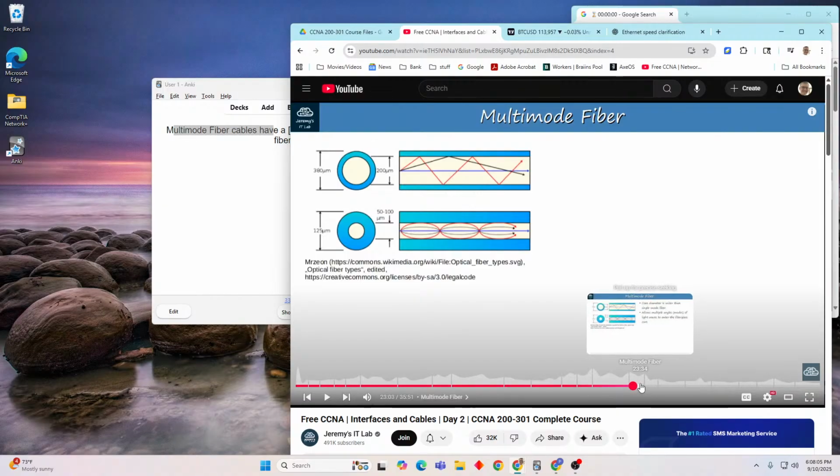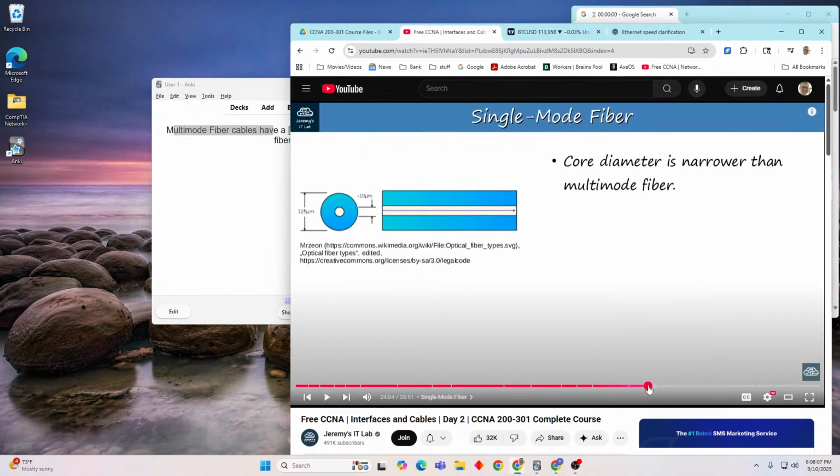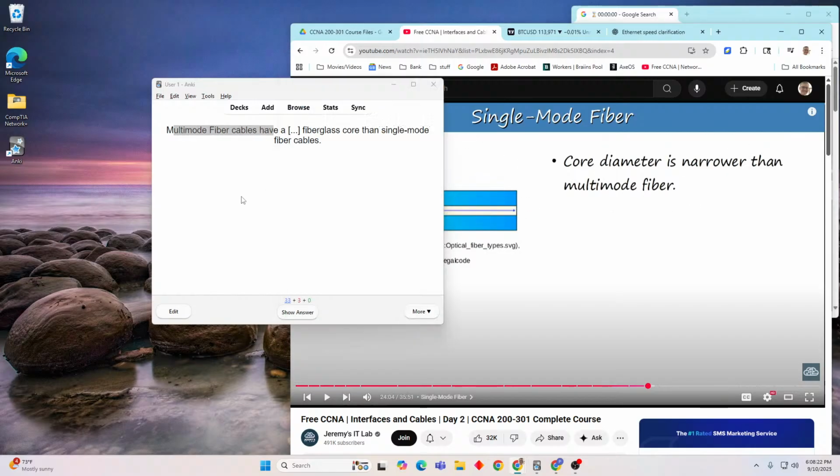Well, they're both. Here's. So look how the thin one's super. Wait, core diameter. This is more narrow than the multi-mode. So the multi-modes have a thicker core.